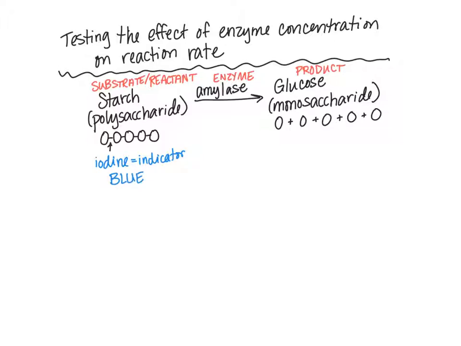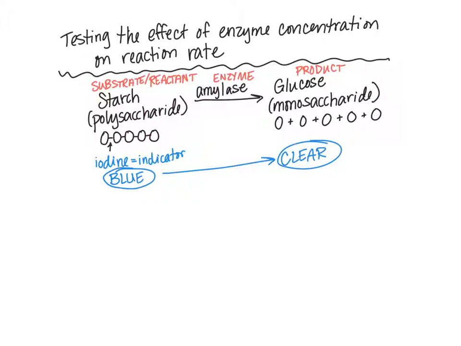All right, so starch and iodine mixed together looks blue. Glucose and iodine is clear. So we're going to be able to see this reaction happening because we're going to mix our enzyme with the starch, which is mixed with iodine, and we're going to most likely see it change from a blue color to a clear color.